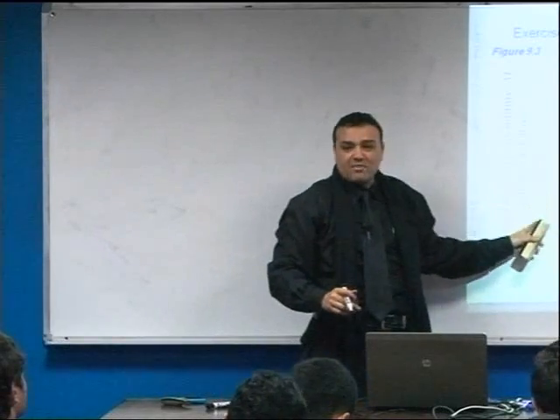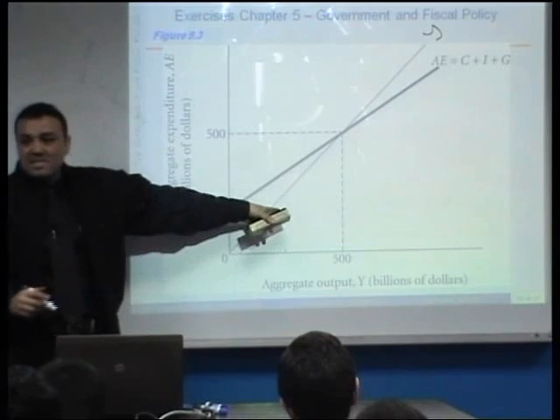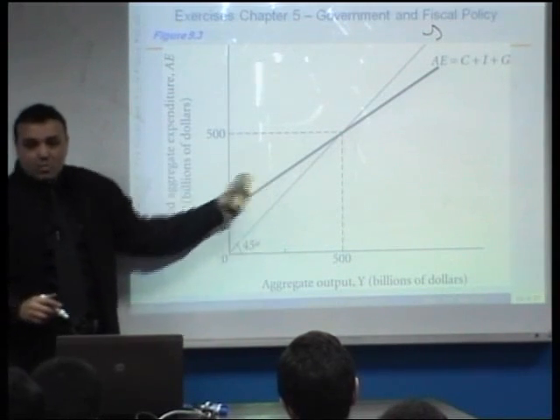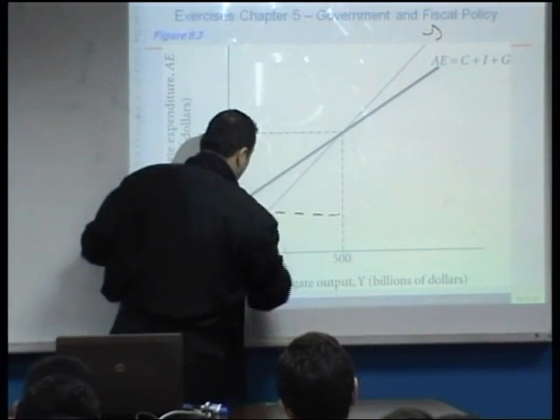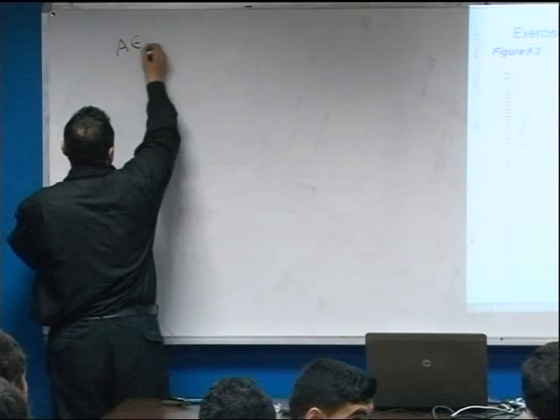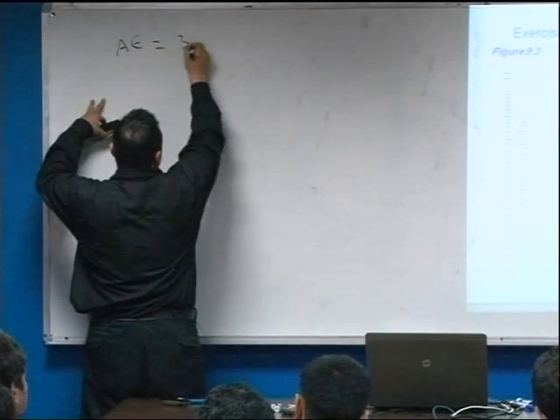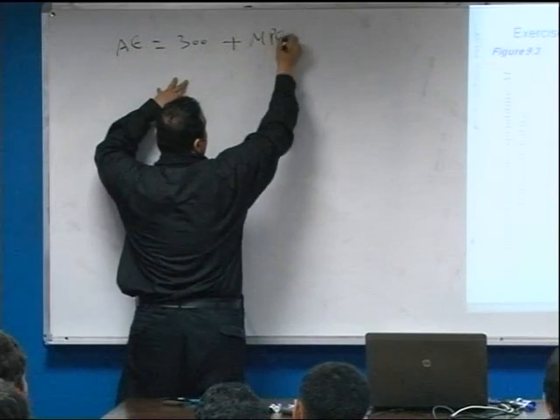The aggregate expenditure function in this case equals 300, the intercept, plus the MPC times Y.